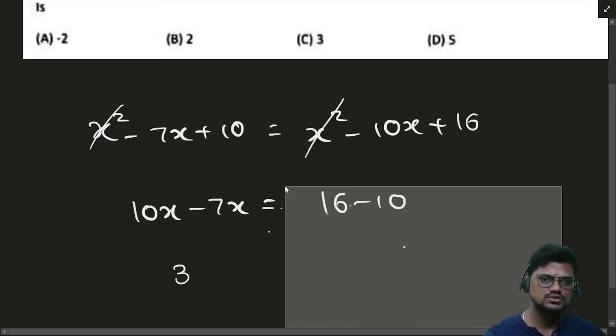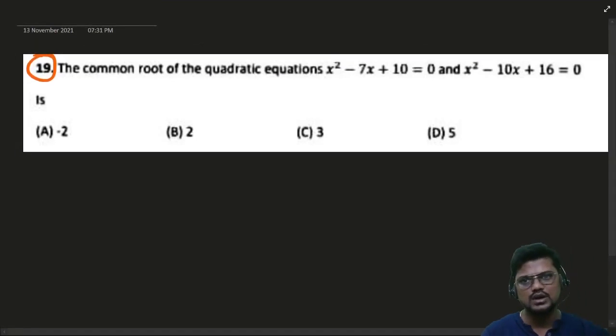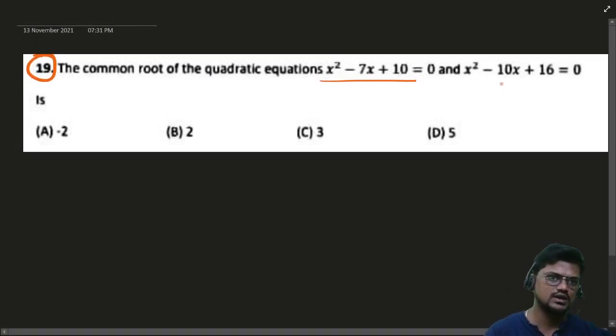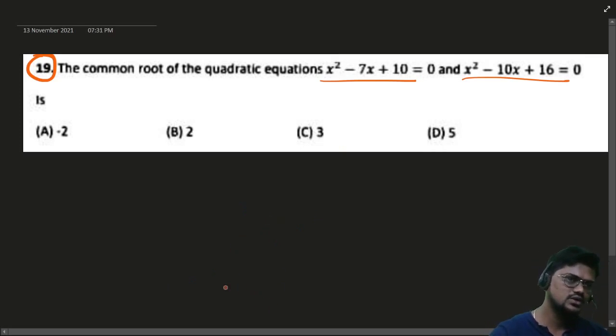If they have equal roots, don't equate. What you can do is solve both the quadratic equations, because if you equate both of them, you will get the point of intersection of both the quadratic equations. They are not the roots.